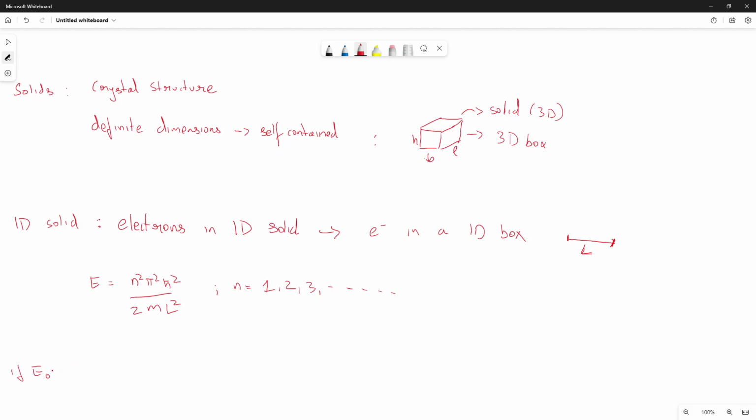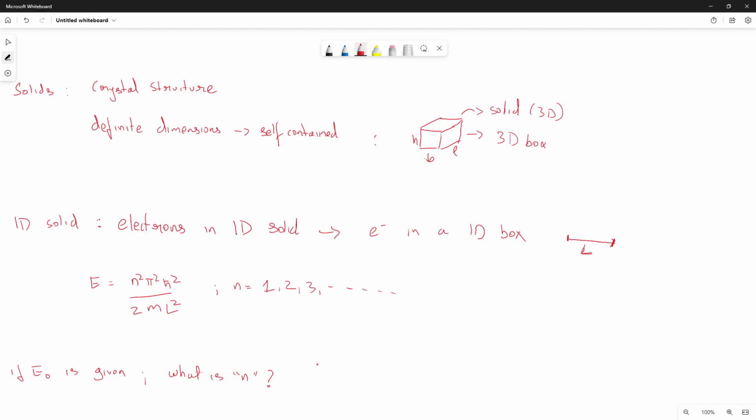My question is, if E naught is given, what is n? How to do this? You can use that above formula.